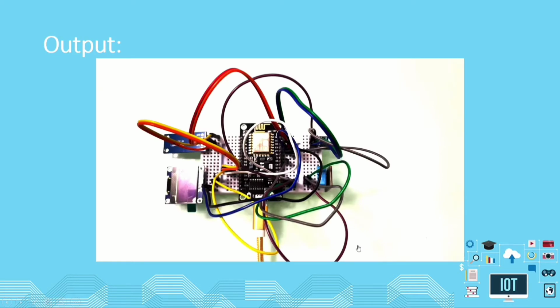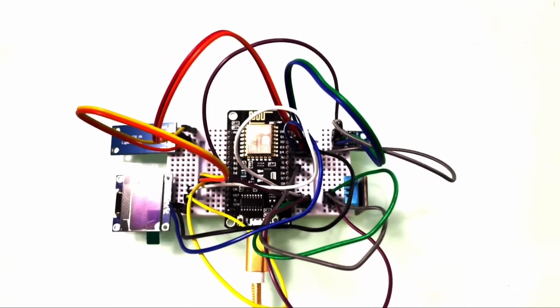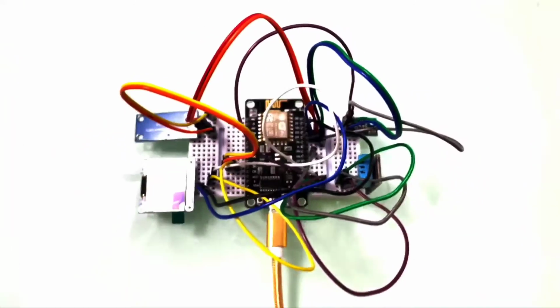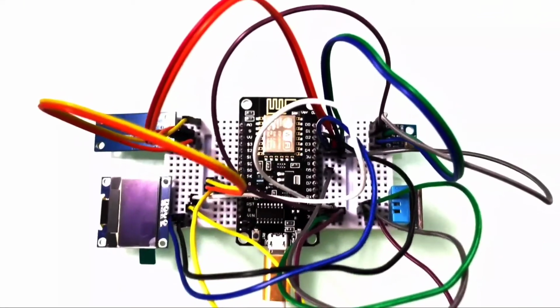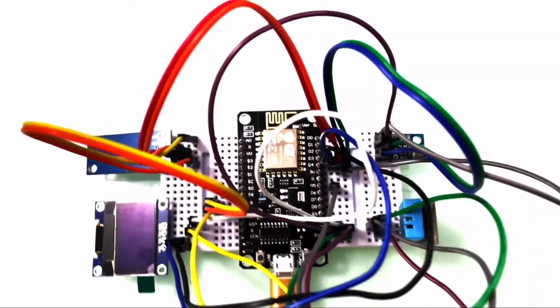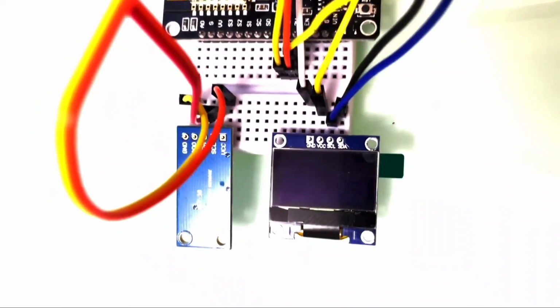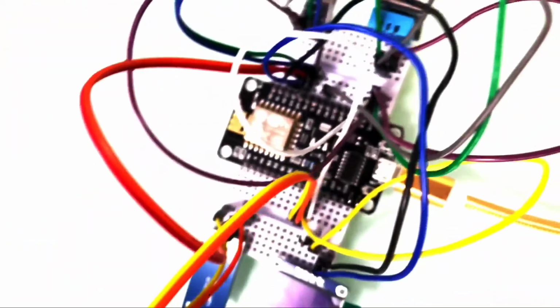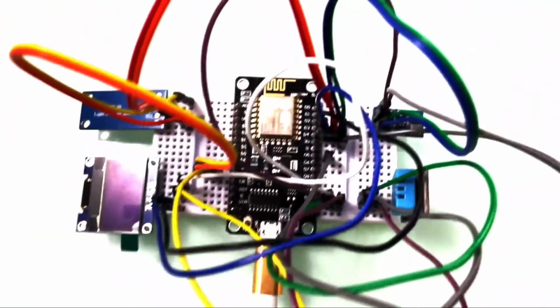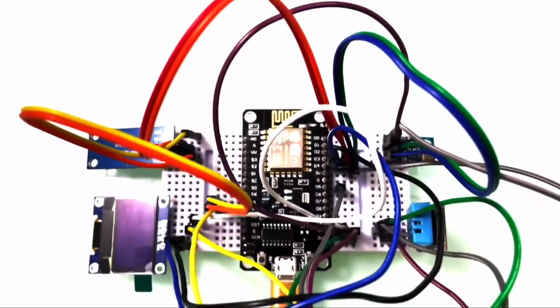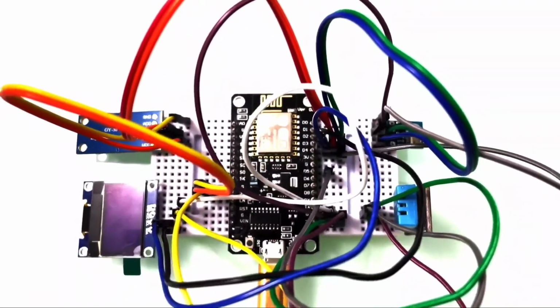Here we will see the output, the demo part. Now we are going to see the actual circuit. Right in the middle, the NodeMCU is connected, and here you can see there is a light sensor. Also, the OLED is connected, and as you can see, the SCL and SDA pins of the OLED are connected to pins 3 and 4 of the NodeMCU.